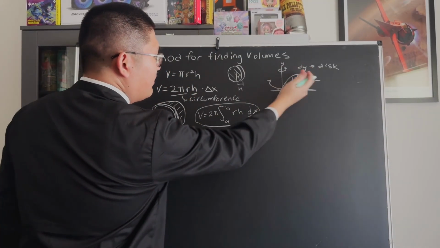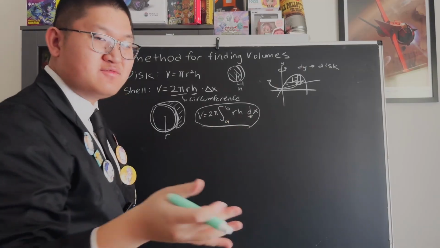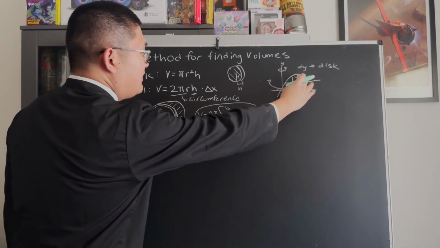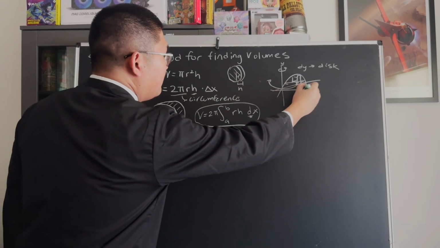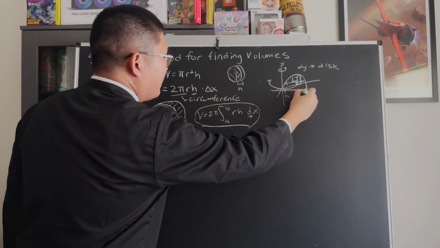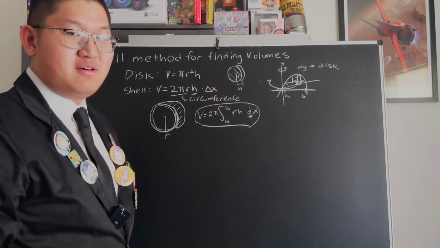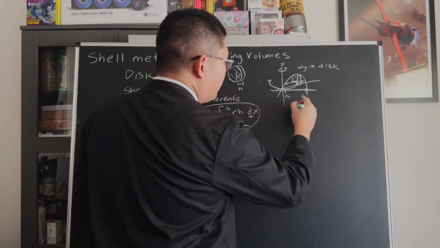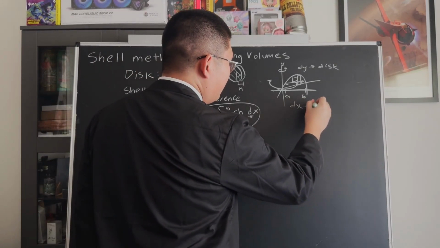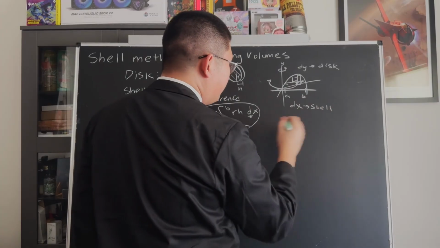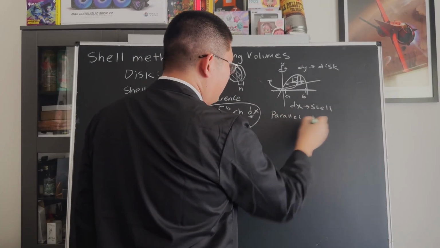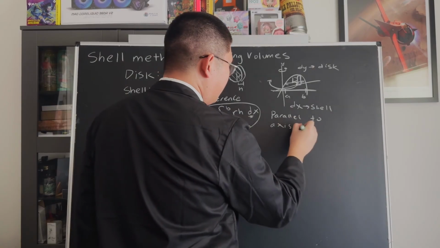Everything is going to be hollow underneath it, but that is fine with us because we are just taking the outermost layer, but integrating it across the entire limits of going from a to b for this type of function. So because of that, in the shell method, we will actually use dx. Again, the idea being that it's going to be parallel to the axis of rotation.